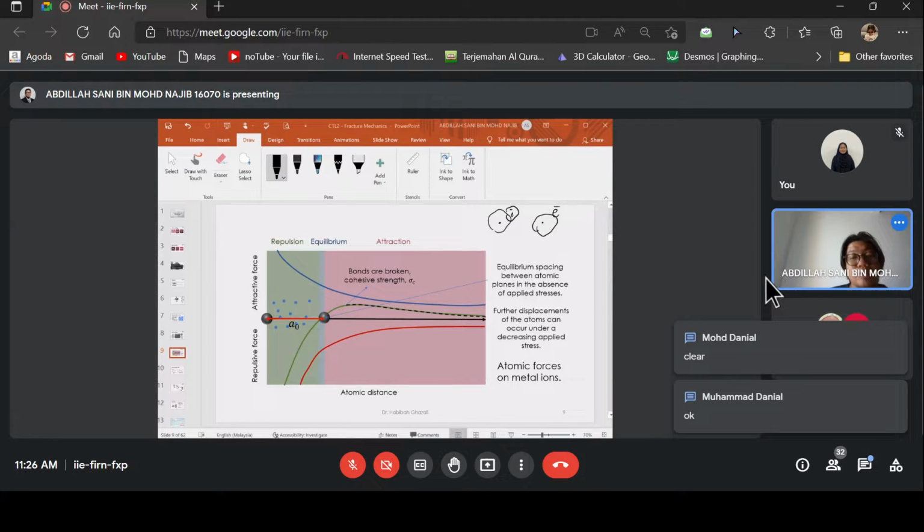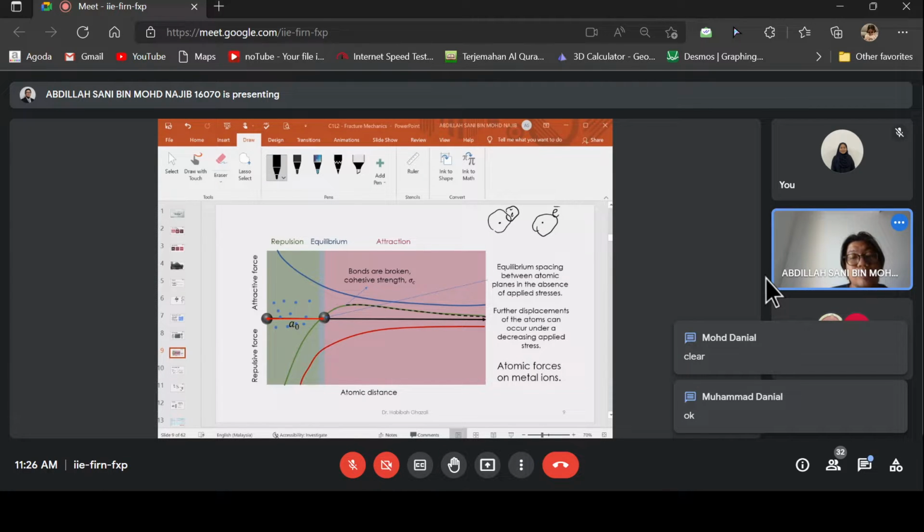So now we want to break the bond. One of the models or mechanisms that we consider in looking at fracture is what we call the cleavage mechanism.